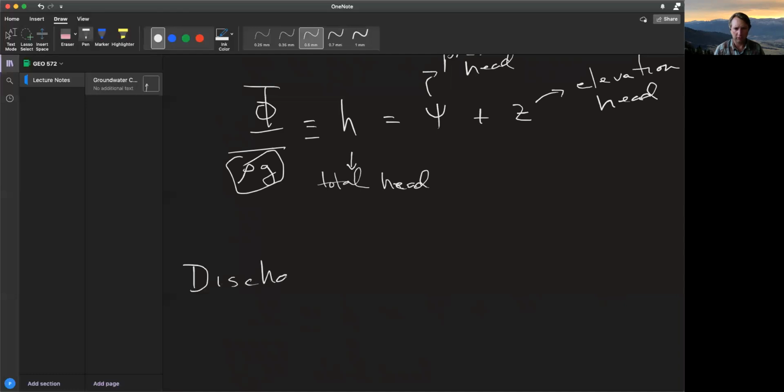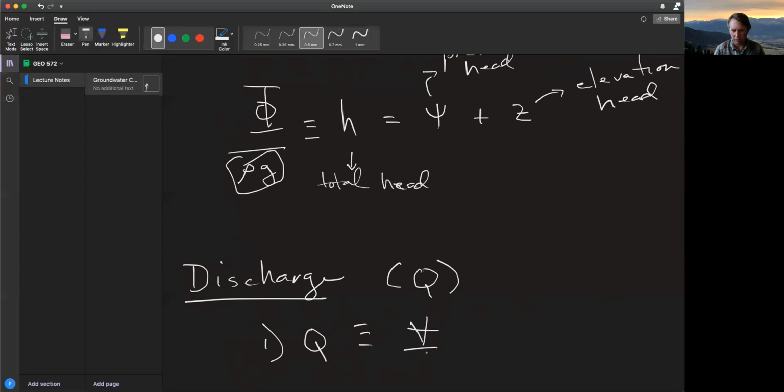All right, and the first thing we're going to talk about is the discharge. All right, and discharge is defined as the volume of water per time crossing a plane. All right, so it's the total volume of water per unit time crossing a plane.